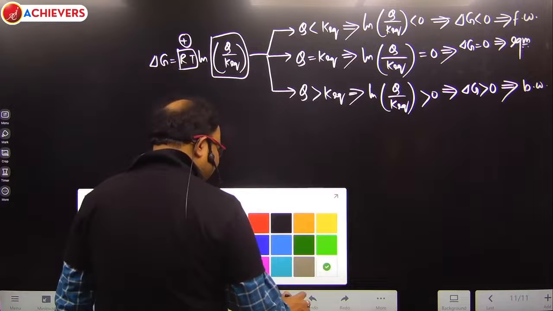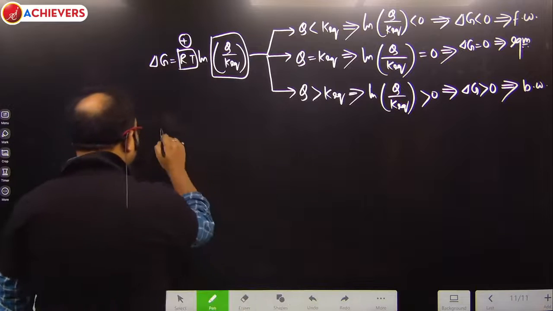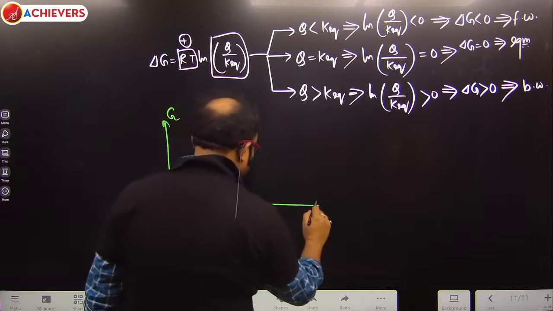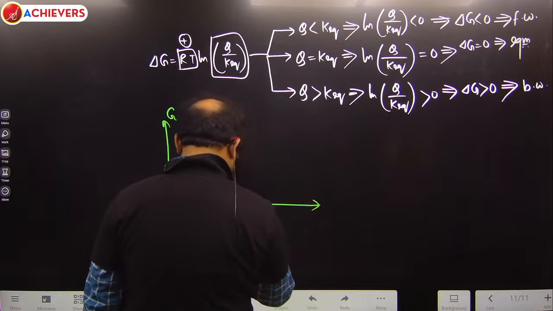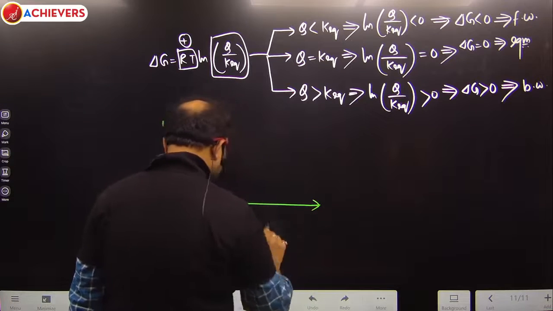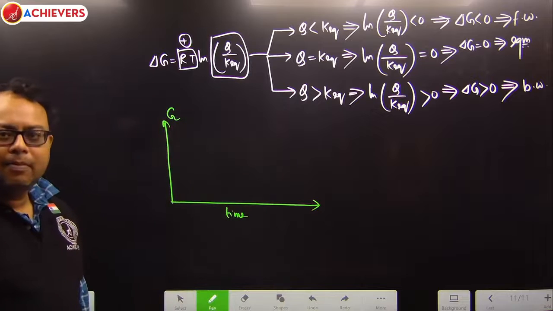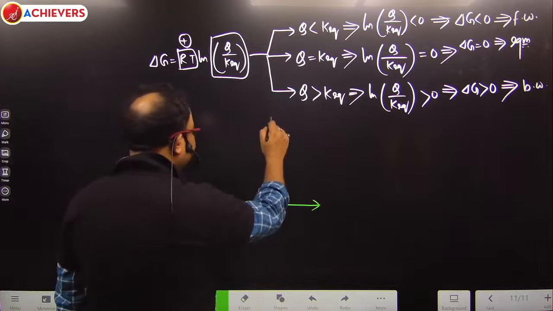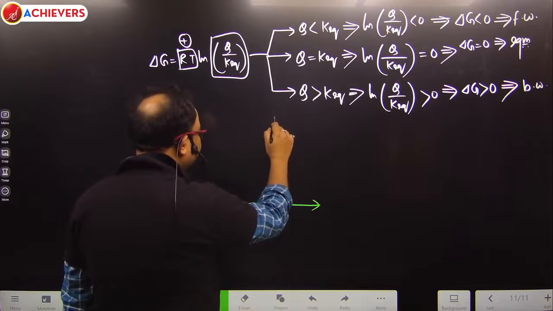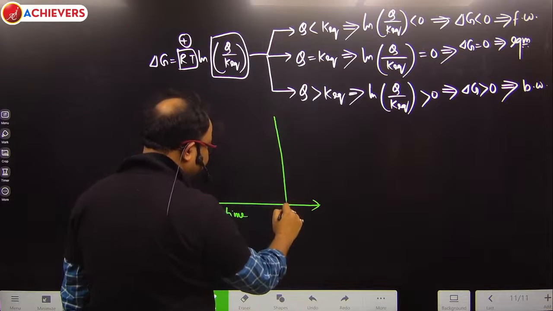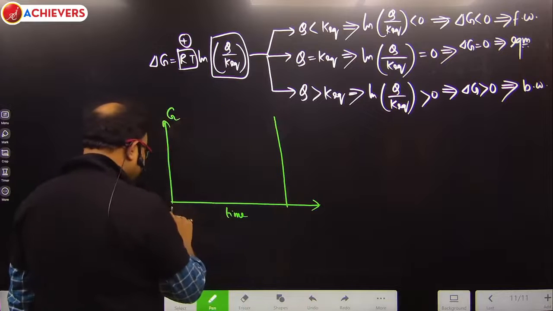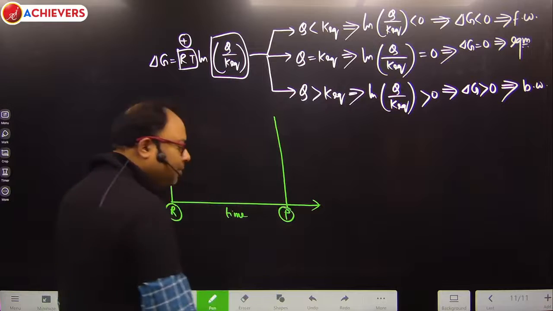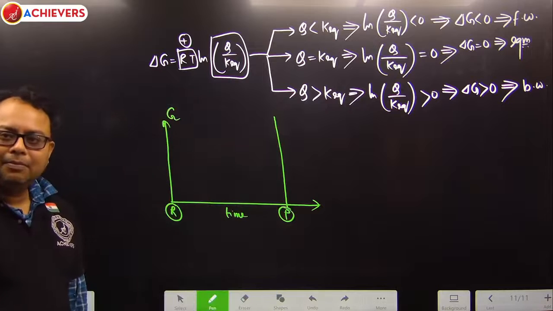Now, let us make a plot of G with respect to time. Here you have reactants only and here you have products only.